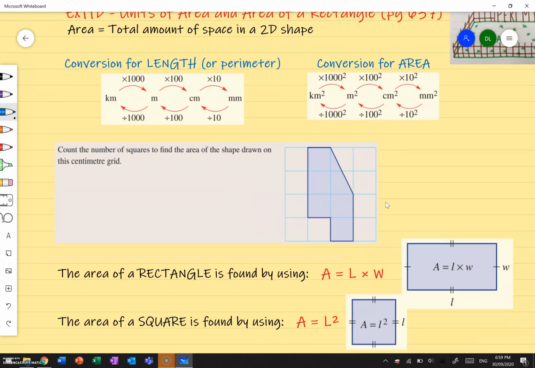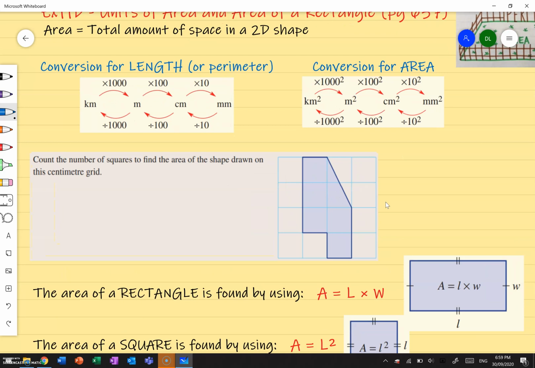Over here, I've got: count the number of squares to find the area of the shape drawn on the centimeter grid. I know it's a centimeter grid, which means that each one of these little areas, let's say I draw this, there we go, is 1 centimeter squared. I'm looking at how many squares there are.